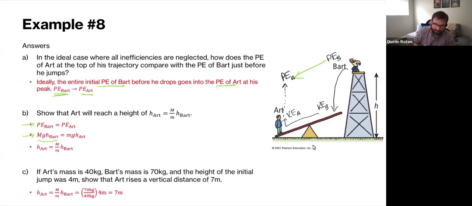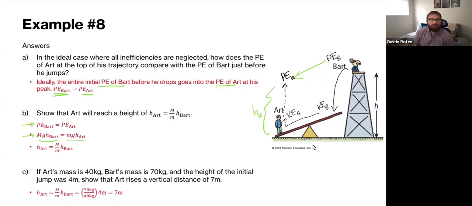We don't know any numbers, but we know this has to be his gravitational potential energy. We know that at the end of this problem, it's got to equal Art's gravitational potential energy. He weighs less, so his mass is going to be lowercase m times g times the height that he travels, h Art, which would be this piece here.